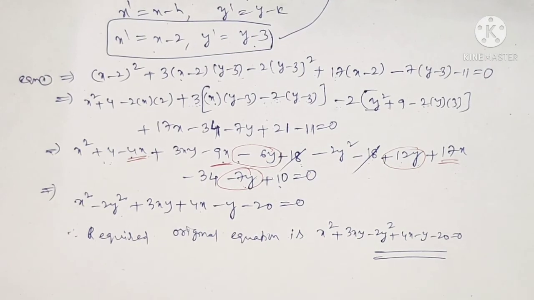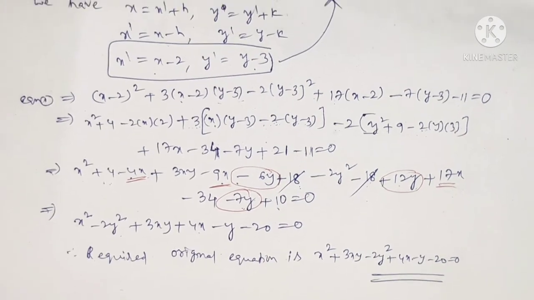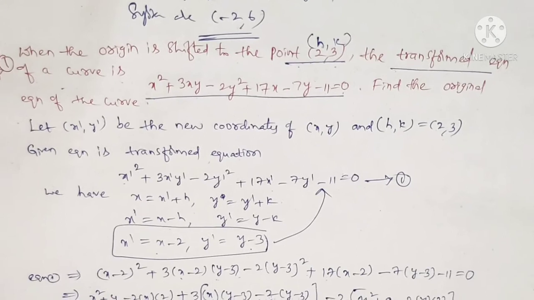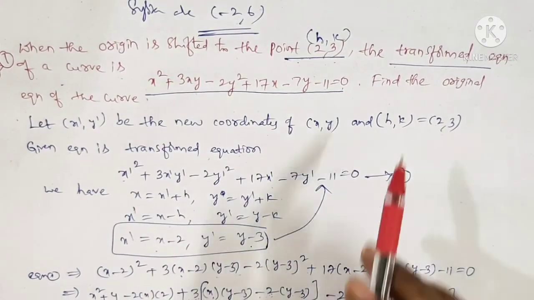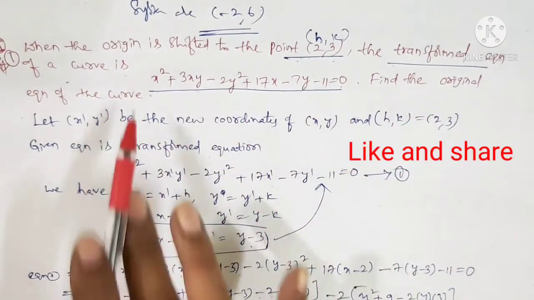So in this way we can find the original equation when the origin is shifted to some other point. See the question: when the origin is shifted to the point h comma k, 2 comma 3, the transformed equation of a curve is given, and they ask us to find the original equation of the curve.